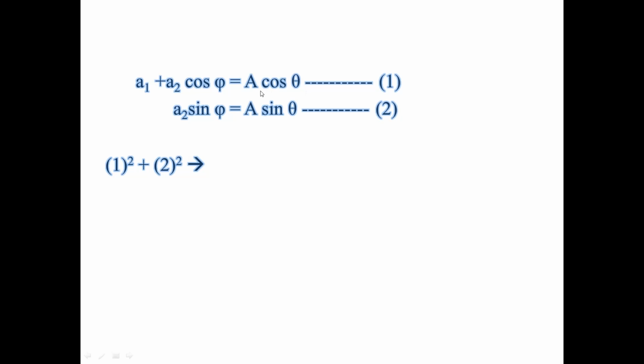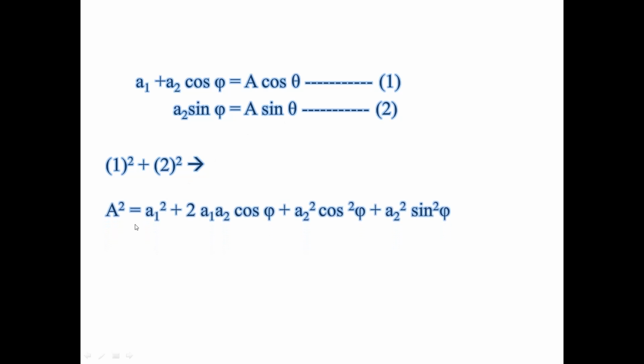Right hand side becomes A square cos square theta plus A square sin square theta. But cos square theta plus sin square theta is 1. Therefore, A square is equal to (a1 plus a2 cos phi) the whole square, that is a1 square plus 2a1 a2 cos phi plus a2 square cos square phi, plus (a2 sin phi) the whole square.